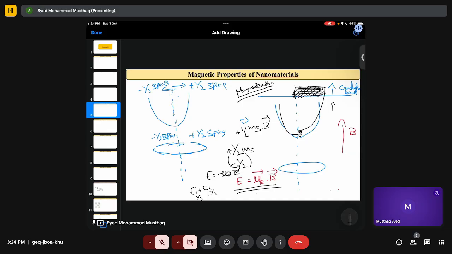Only those electrons which are above the conduction band will give you the magnetization. But what about the ones below? They will not, because they are below the conduction band. The same happens for this one also. One will move up, the other will move down. The same, half and E from minus half.